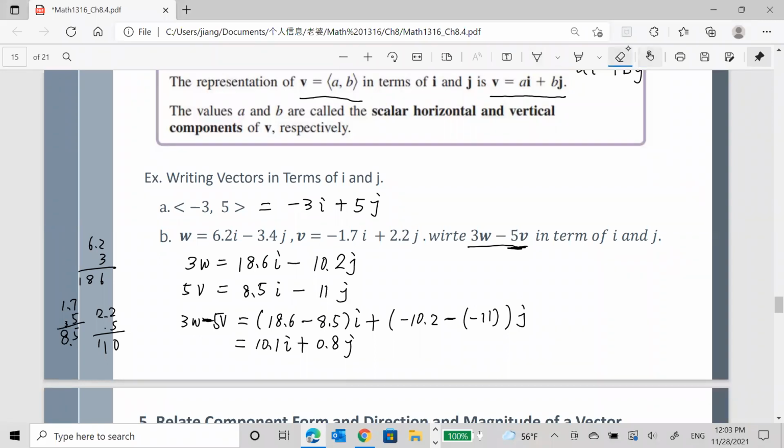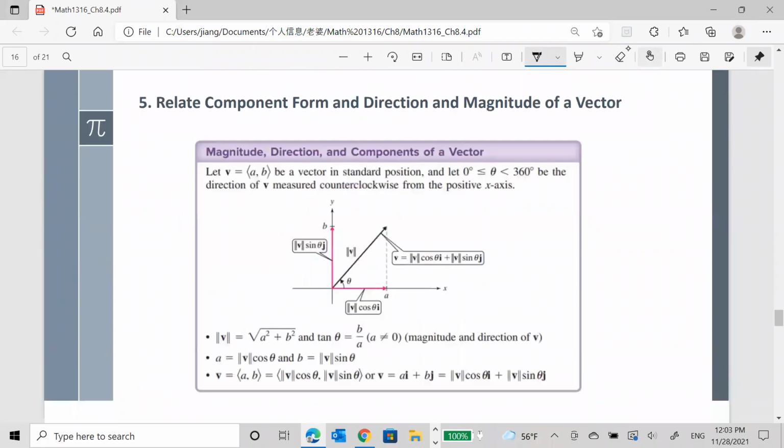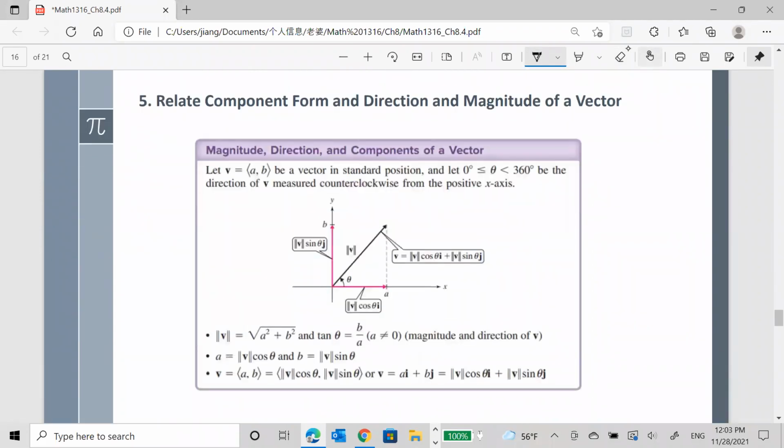Let me erase this part. Let's move on to see the related component form and direction and magnitude of a vector.